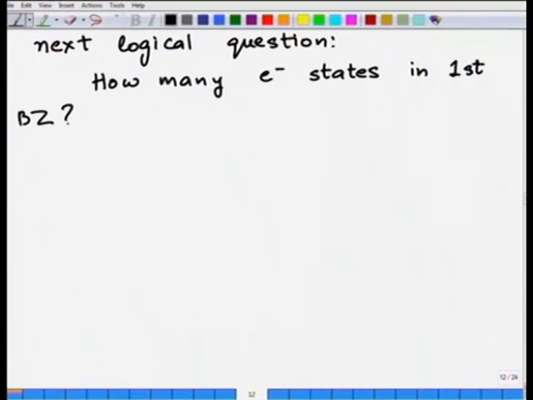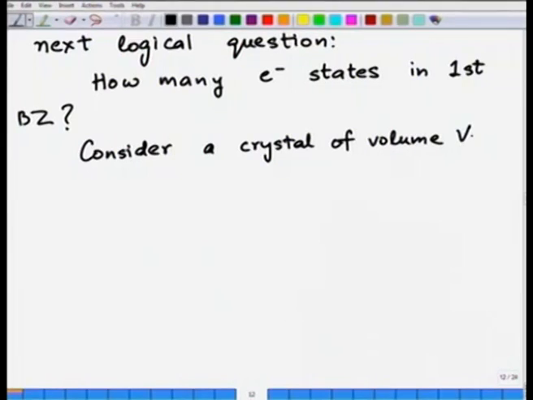All right. In order to do that, I will do a simple algebraic calculation. Consider a crystal of volume V, and a primitive cell has a volume V p, the primitive cell volume.